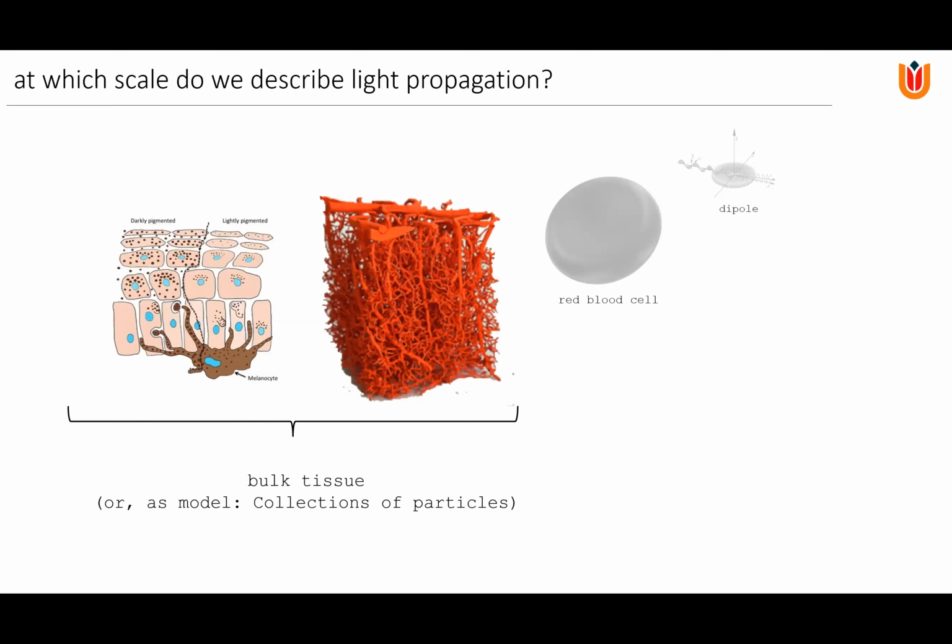Just for completeness, the level that we are describing will not concentrate so much on the scattering properties of a single particle today, but more on how the ensemble of particles will interact, to calculate propagation through such an ensemble.